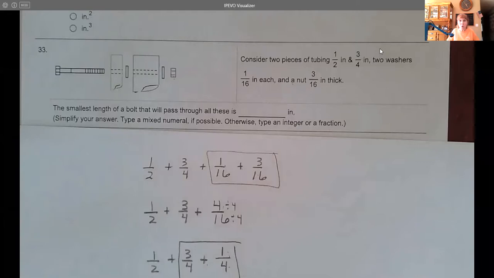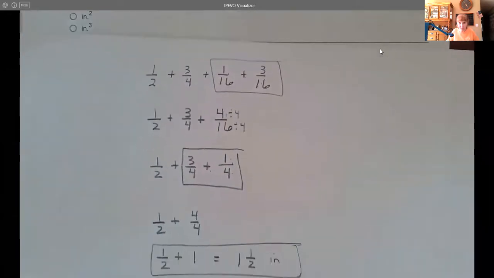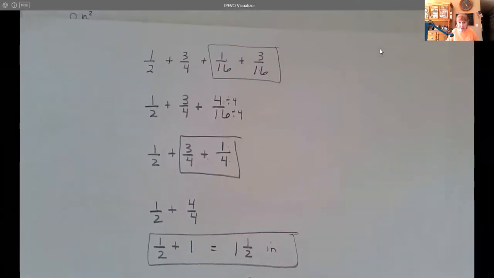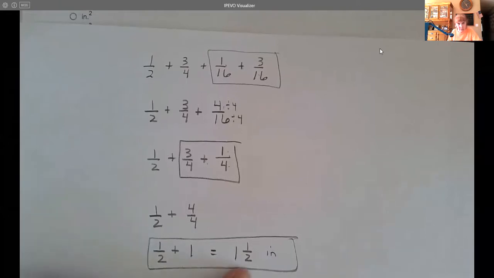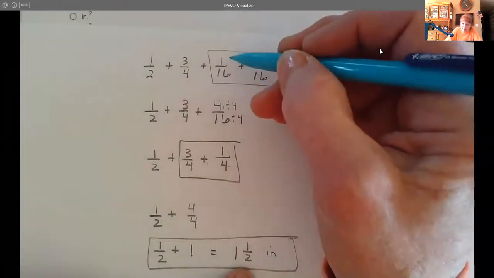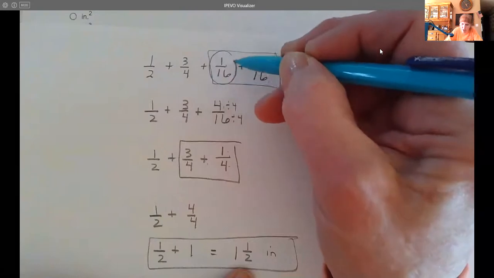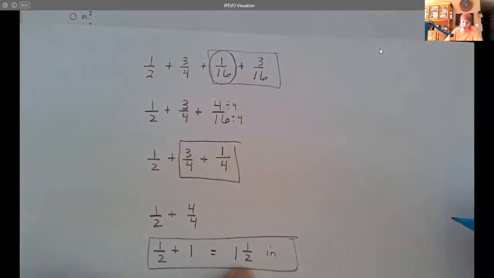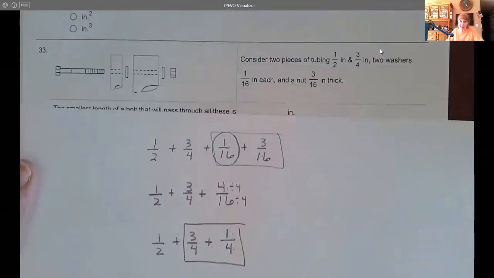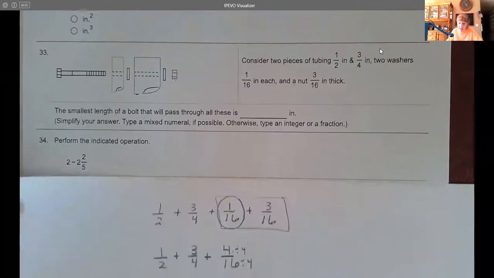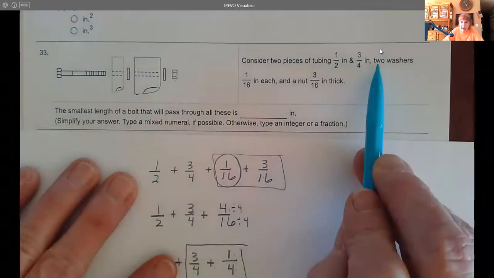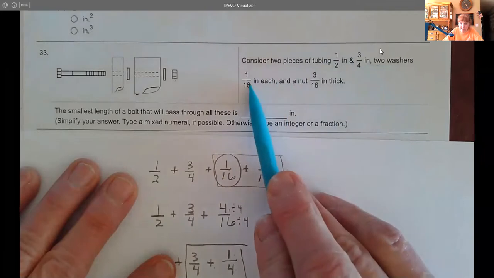All right. What happened here is that that answer didn't seem right to me. Well, there are 2 washers if you go back and read, and I only added in 1 washer. I am missing a washer because we have 2 washers at 1/16.